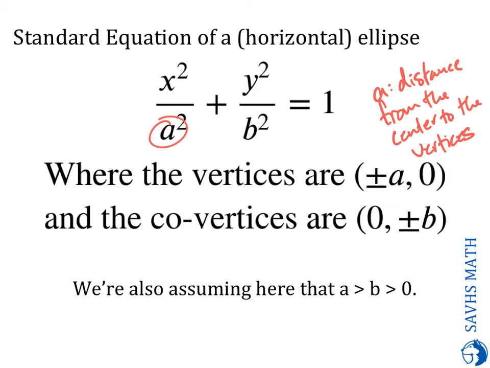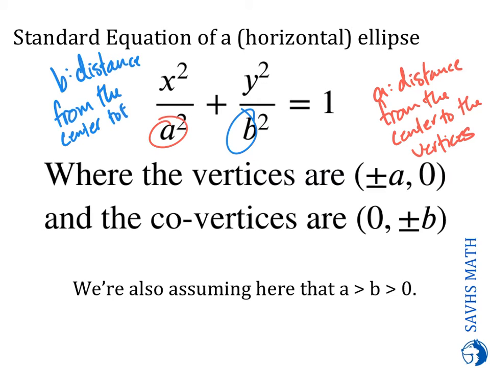And remember that b is the distance from the center to the co-vertices. Okay, and so we can see a and b here. When we have that a and b, then we can use our a and b to find c, which is the distance from the center to the foci.